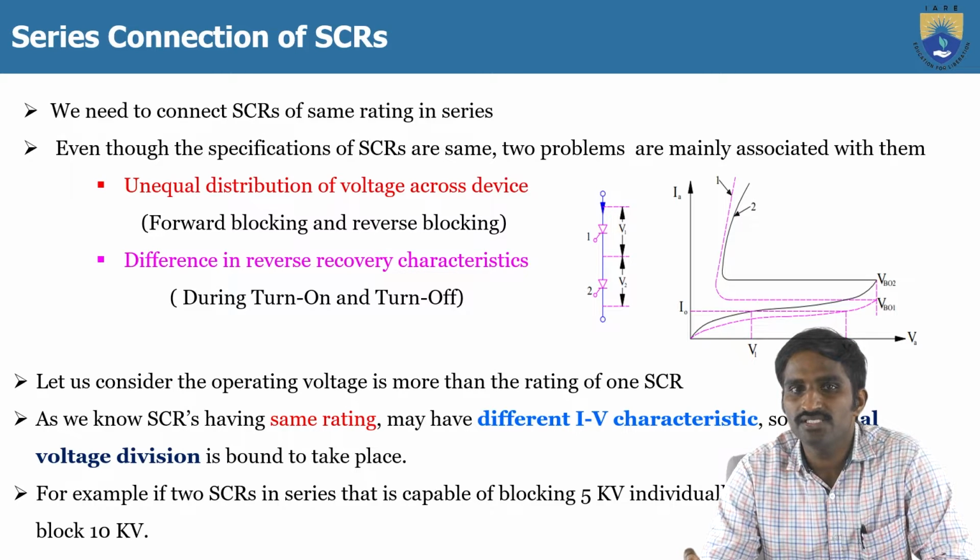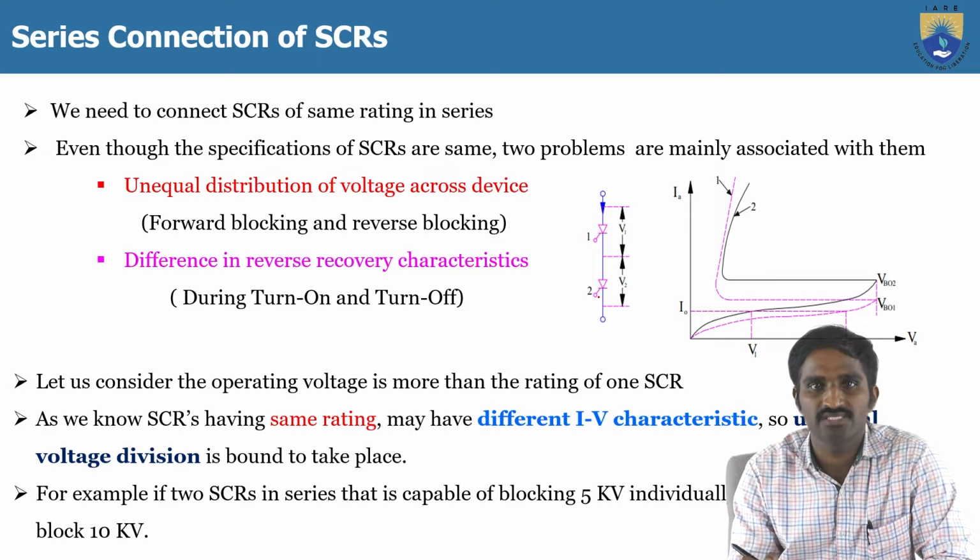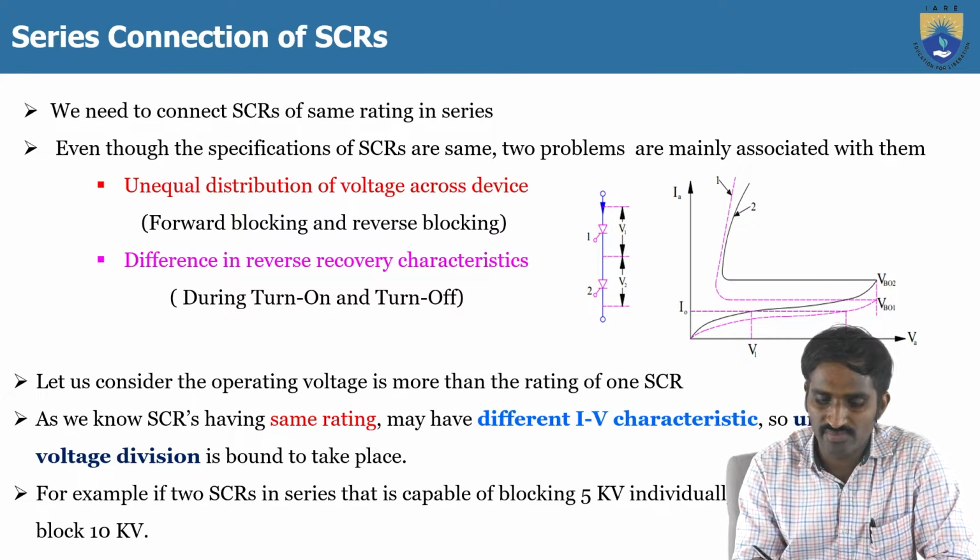So if the two thyristors do not turn on and turn off at the same time, suppose here I consider two thyristors connected in series. As we discussed before, let me consider the voltage across the whole string is 10 kV.